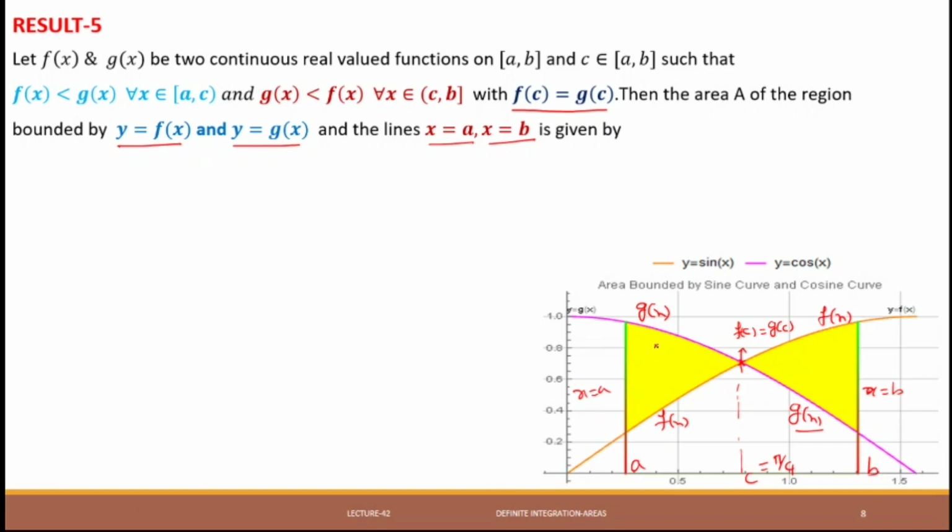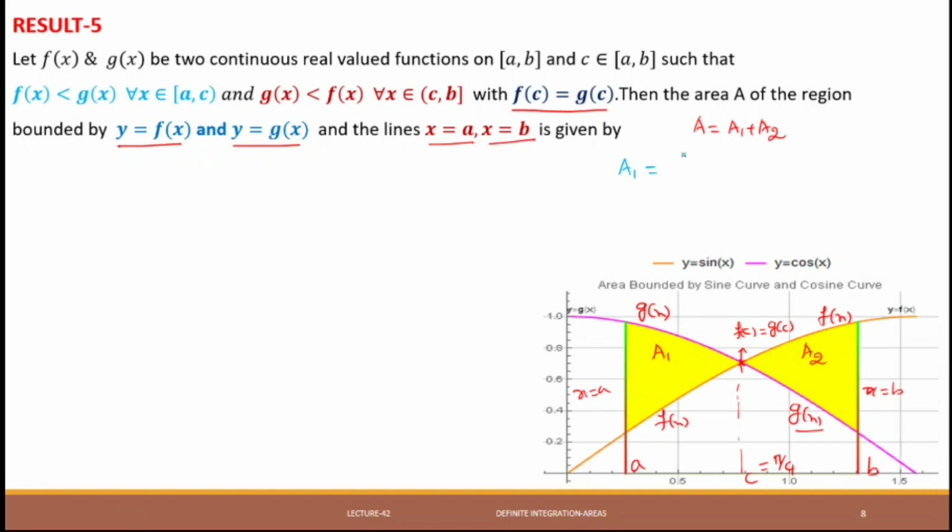So the entire area is split into two parts, namely a1 and a2. So let me write A is equal to a1 plus a2. Now how do I find out a1? So a1 is this region that we need to find out.